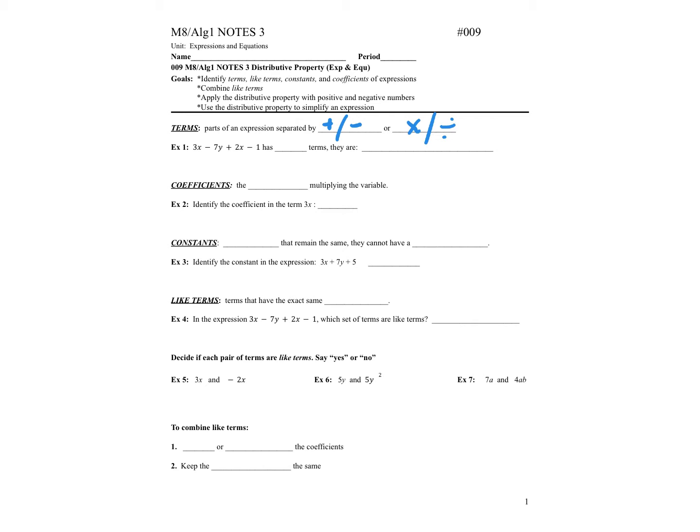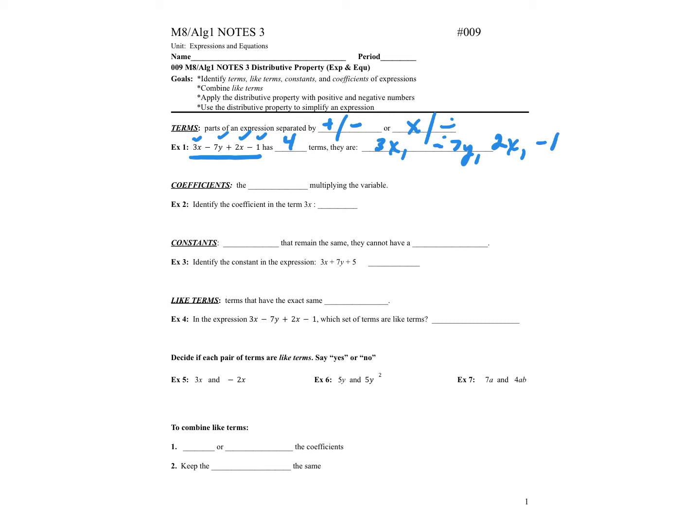So in the example, 3x minus 7y plus 2x minus 1 has 4 terms: 1, 2, 3, 4. And they are 3x, negative 7y, 2x, and negative 1.